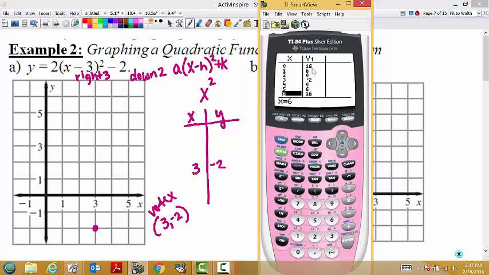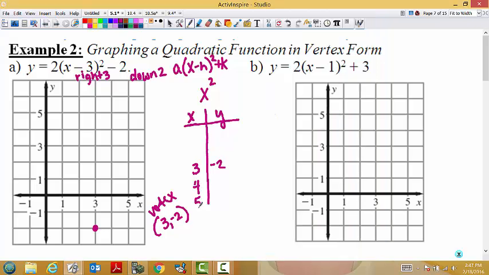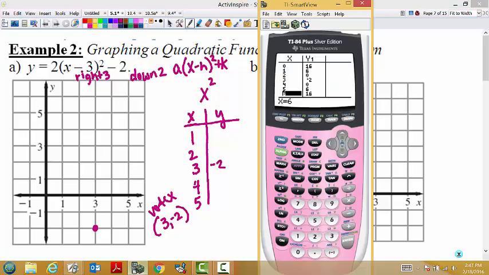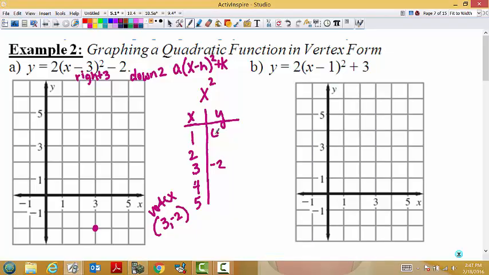By the way, you know you're right when your numbers repeat. 3 is in the middle. I'm going to say count 4, 5, 2, 1, and then we're going to pull our numbers off. 6, 0, negative 2, 0, 6.